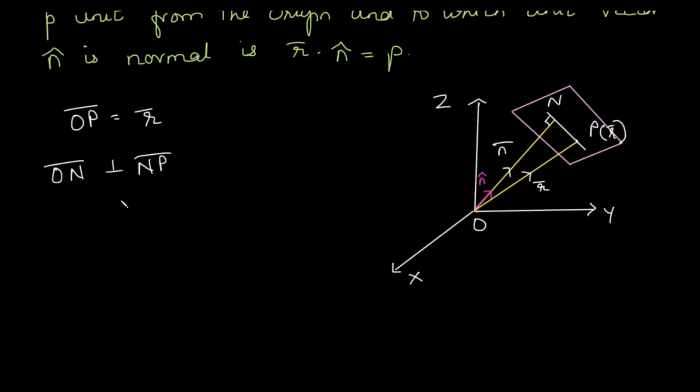Now they have given us already that the perpendicular distance of this plane from the origin is p. That means length ON is going to be p, small p over here. So length ON is equal to p, and also n cap is a unit vector along ON bar.